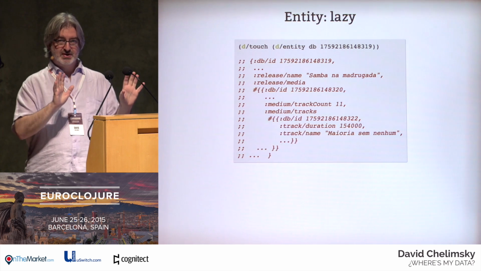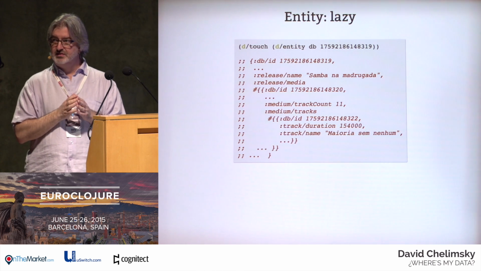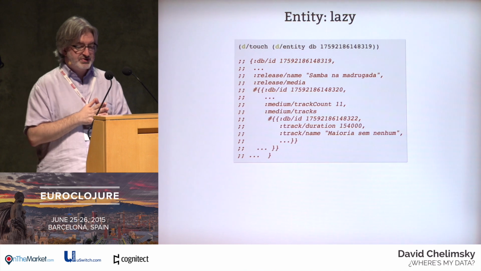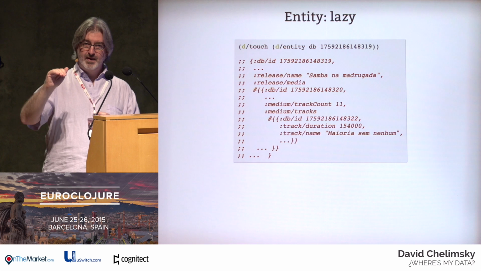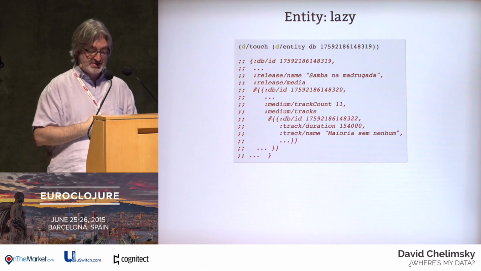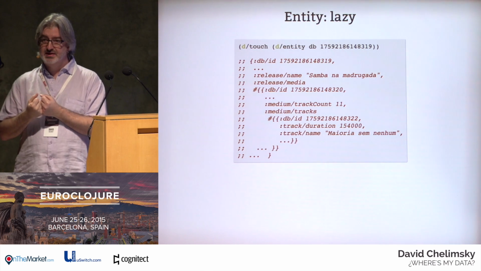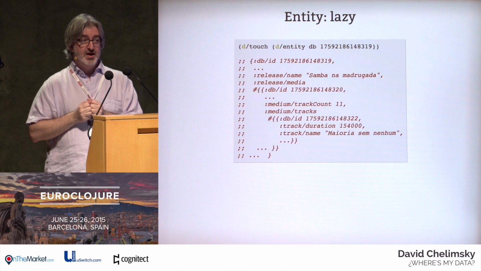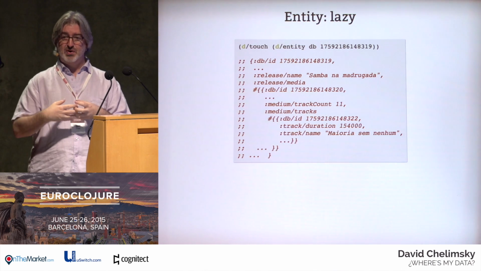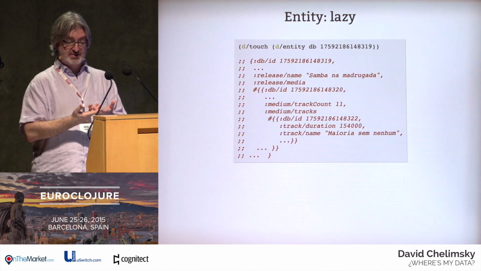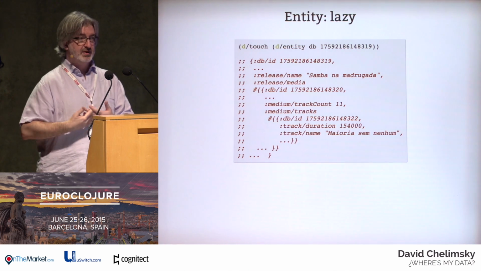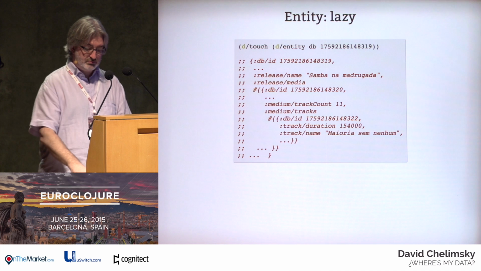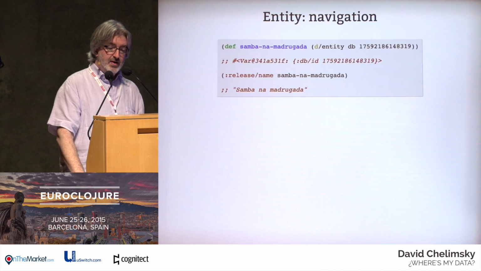This is all before the days of digital. And then each medium has tracks. And so you can see that when we touch the entity and ask for all of its information, it automatically pulls back anything that's a component of it. So the release contains all its media, each medium contains all its tracks. That all comes back at once.